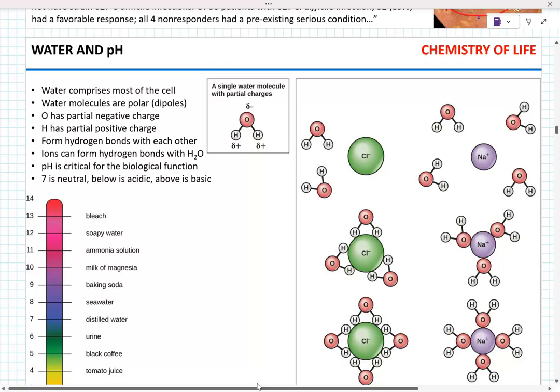So here, water and pH. Things to know, things to remember. The idea of a hydrogen bond: the bond that is formed between partially negative oxygen in one water molecule and partially positive hydrogen in another. Okay, just know what a hydrogen bond is. They're very important in formation of DNA and proteins.